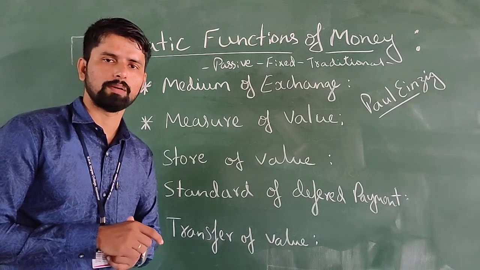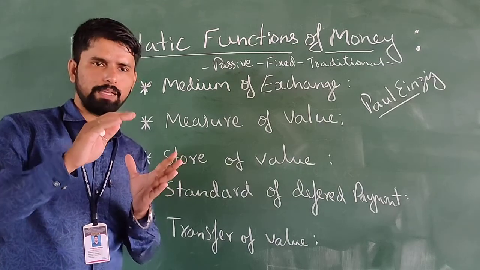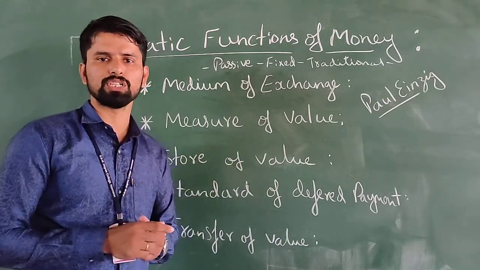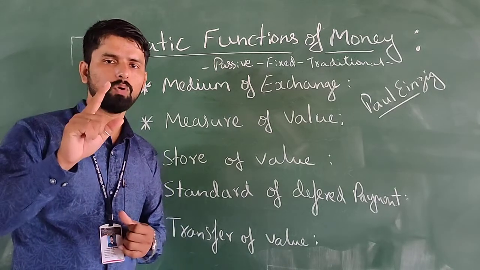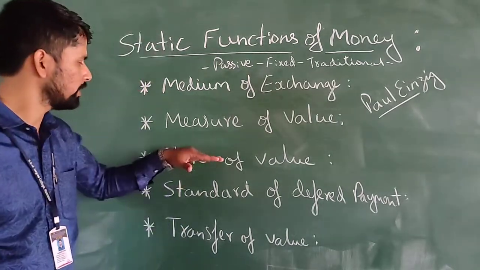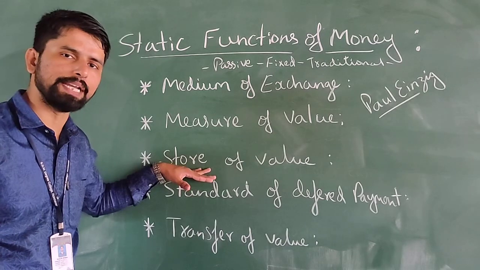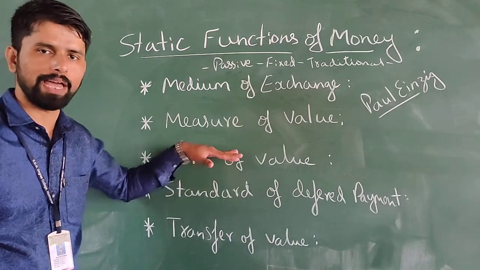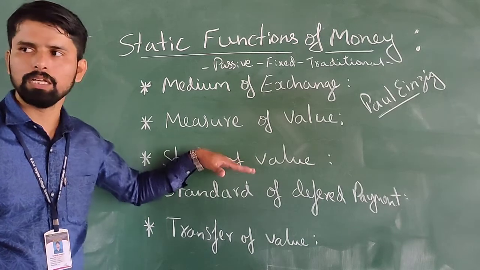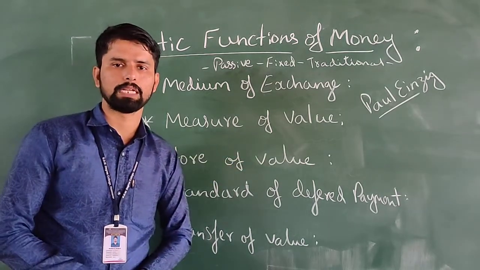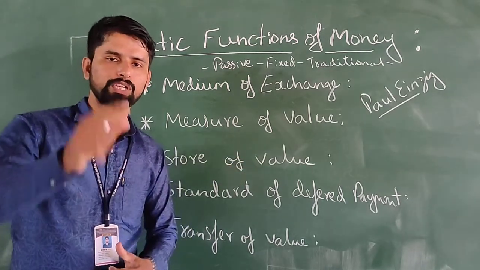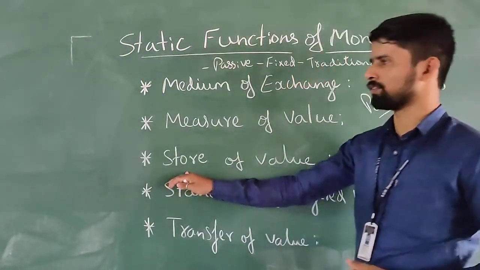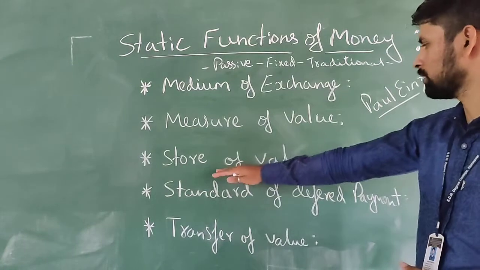But if they store money safely in their locker or in financial institutions, there is no loss of value. So that's why money has stability in storing. The value will be stable in storing money. That is the third static function of money.